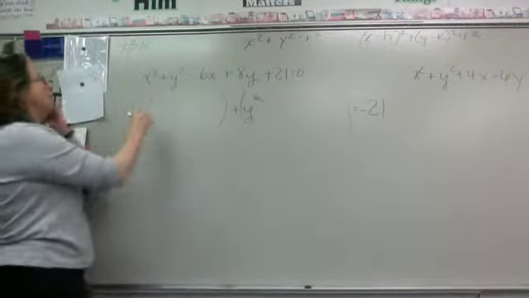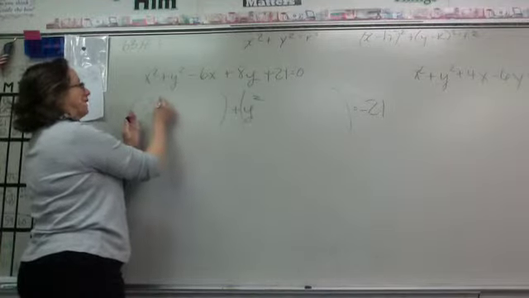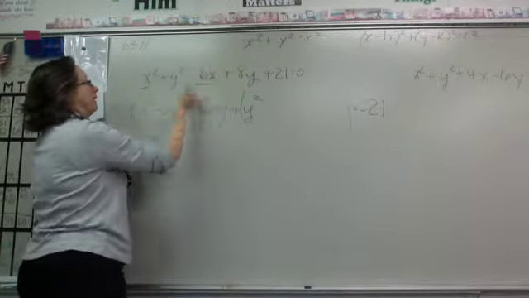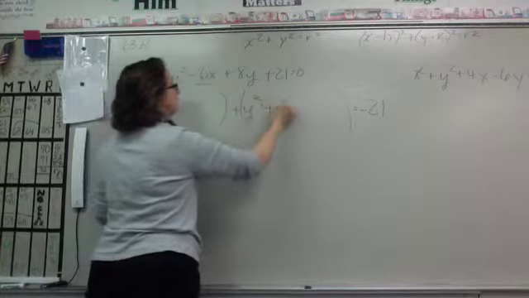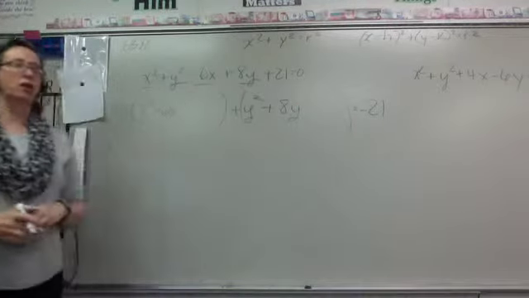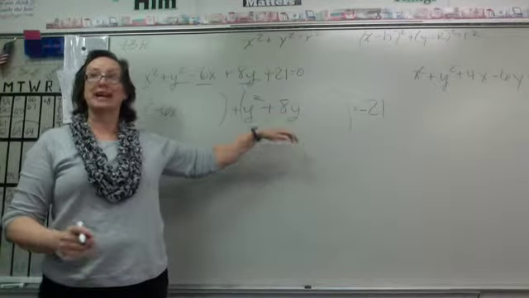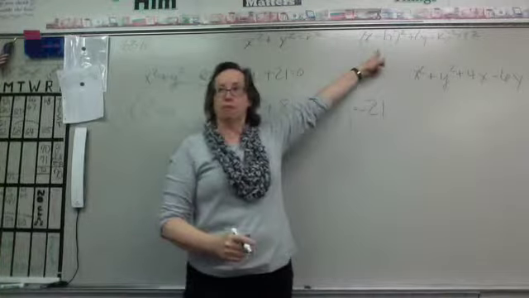Okay? So now we've got what? When I complete the square, I'm going to put the negative 6x here. So I got that one and that one taken care of. I'm going to put the positive 8y here and then my negative 21 over there. So I need to complete the square here and here so that I get it into this form.